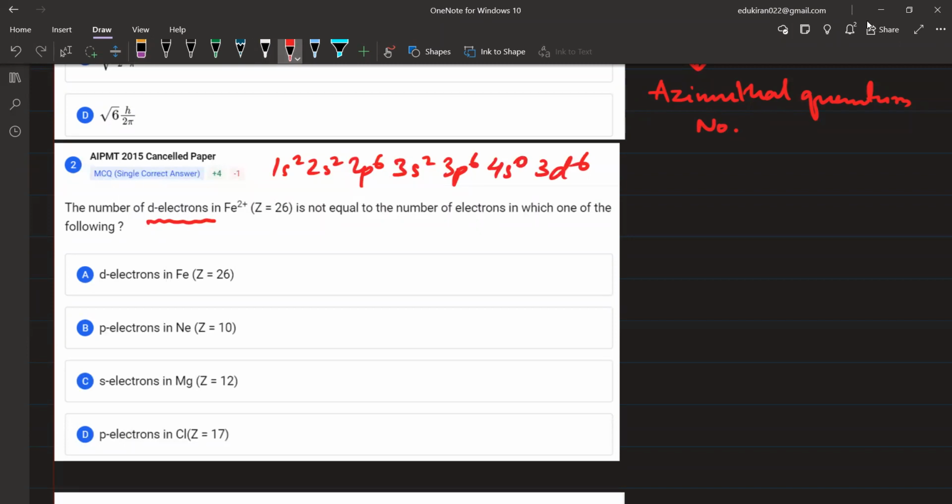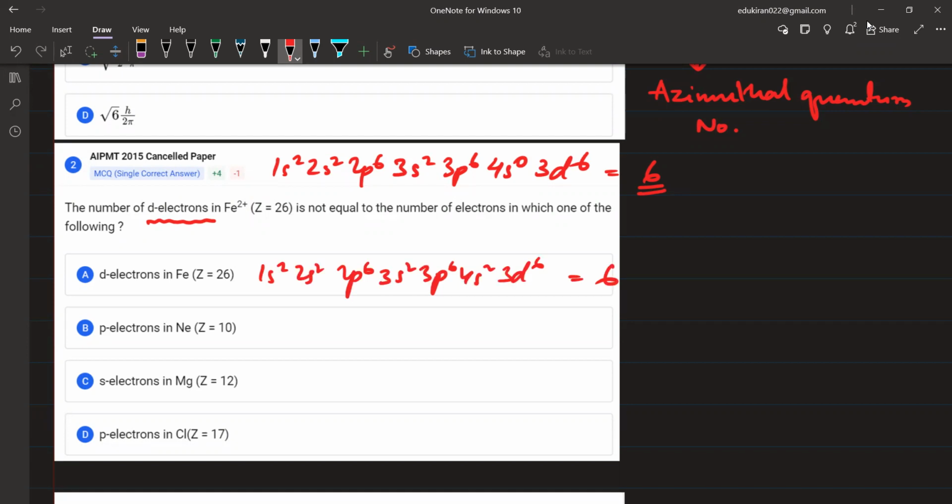This will become 4s0. So the number of d electrons is equal to 6, ठीक है? अच्छा, d electrons in Fe क्या हो जाएगा? 1s2, 2s2, 2p6, 3s2, 3p6, 4s2 and 3d6. Here also the d electrons is equal to 6.